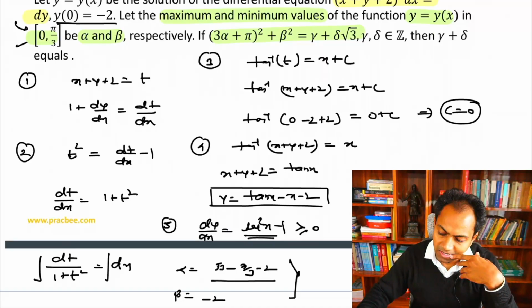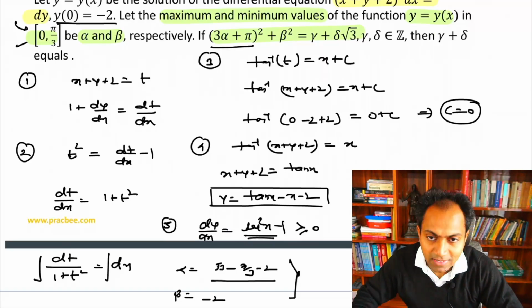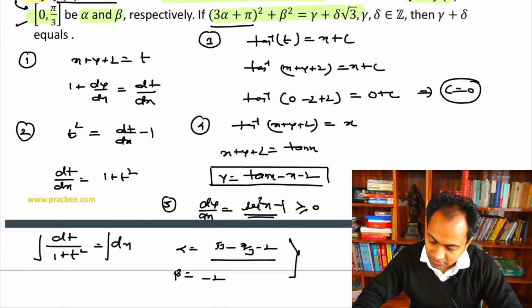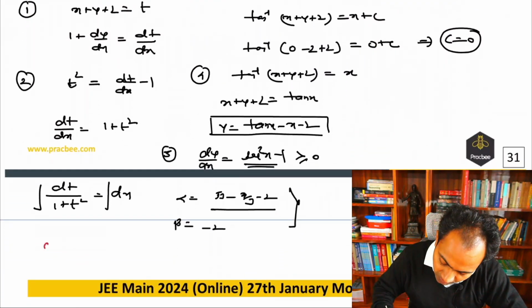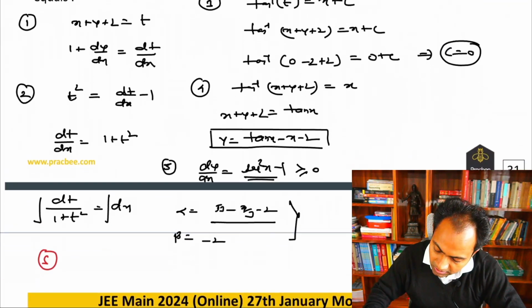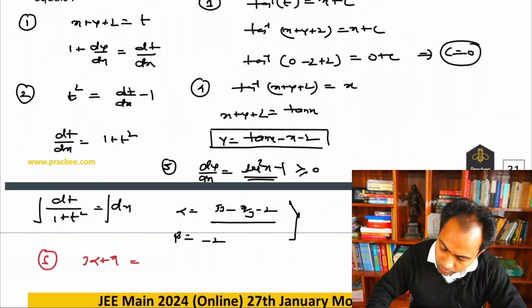Now they are saying that if you figure out 3 alpha plus pi, so the additional layer they are trying to add on the same question. So let us also do that. In the last part or the sixth part, let us figure out the value of 3 alpha plus pi. So 3 alpha plus pi would be equal to nothing but 3 root 3 minus 6.